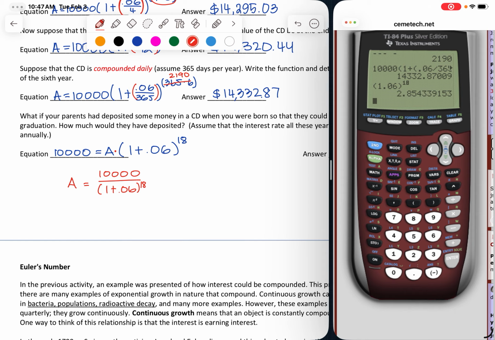And then I hit enter, and I get that crazy funky number, which I'm not going to write down because it goes on much longer than that, and I don't know where it stops. But then I have to do 10,000 divided by that. If you have a calculator to grab it, fine. If not, you can hit second answer. Enter.